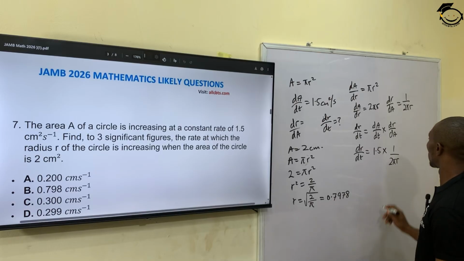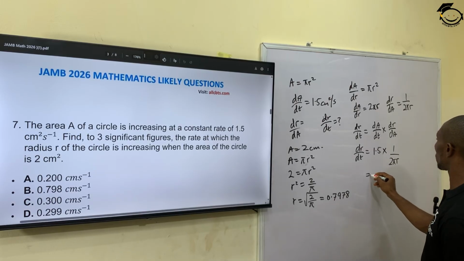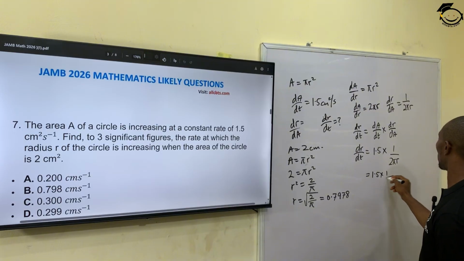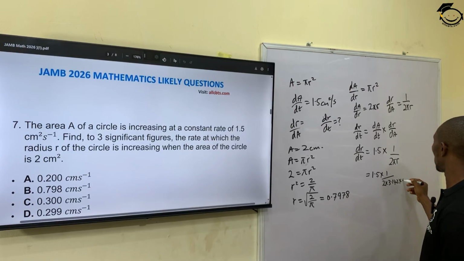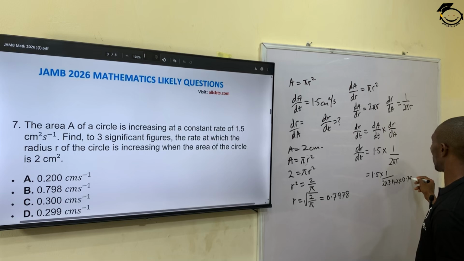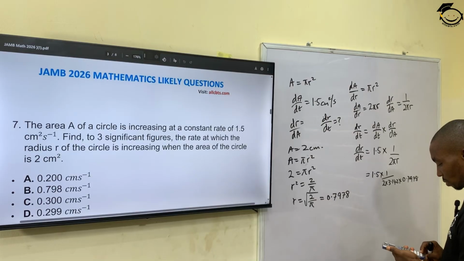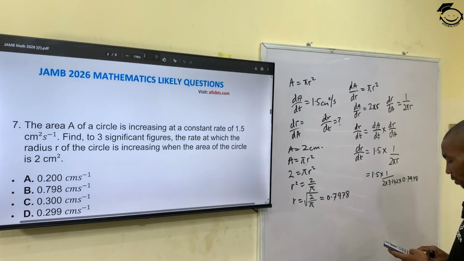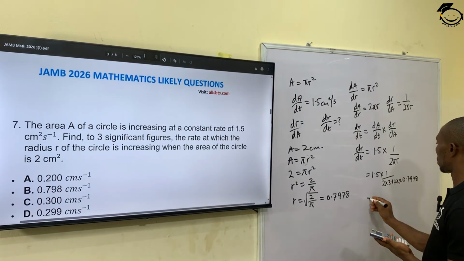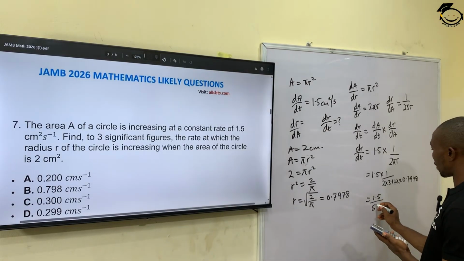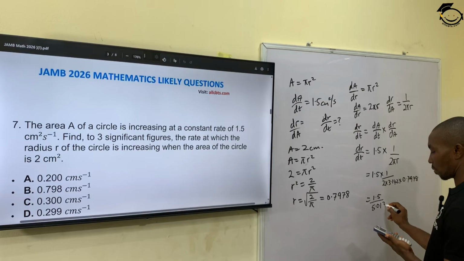Now our pi is 22 over 7 or 3.142. This will give us 1.5 times 1 all over 2 times 3.142 times our r, which is 0.7978. So if we multiply 0.7978 times 3.142 times 2, that gives us 1.5 all over 5.0134.